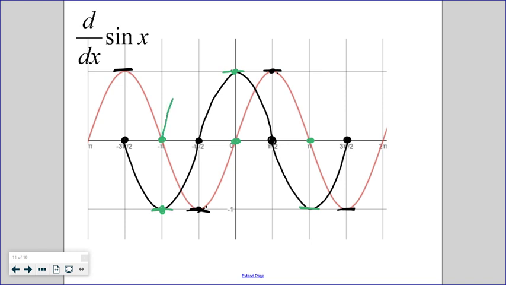Positive slopes, meaning my graph would have to be above the x-axis. From here to here, those would all be negative slopes. So from there to there, I would have to be below my x-axis. And actually, what graph are we looking at? Still a sine curve, but reflected. That would be a negative sine curve.